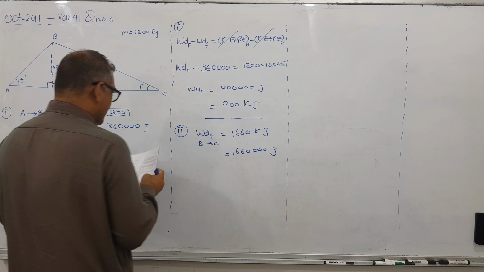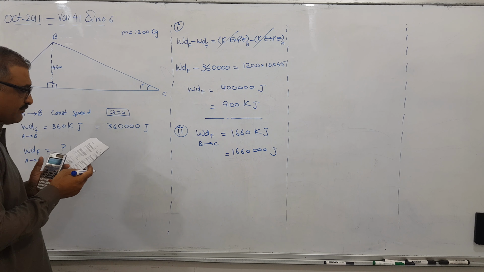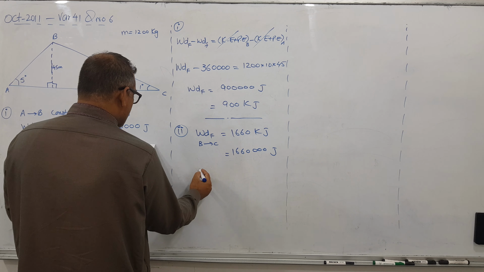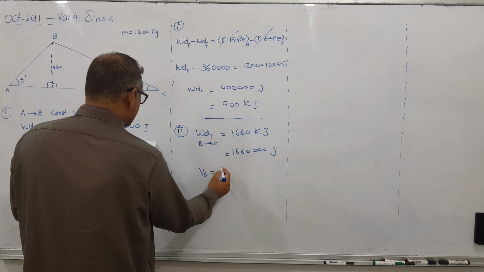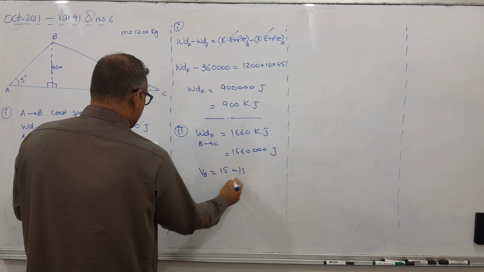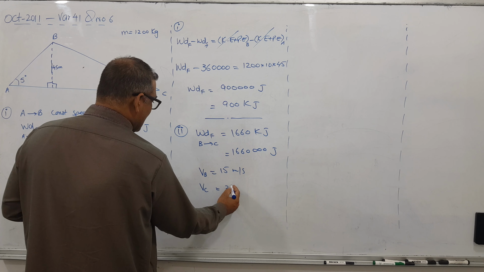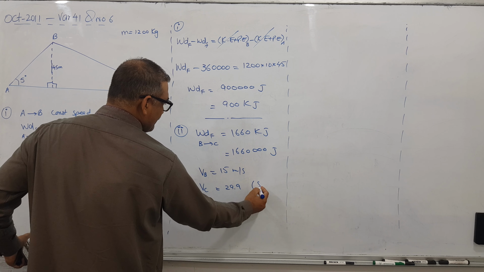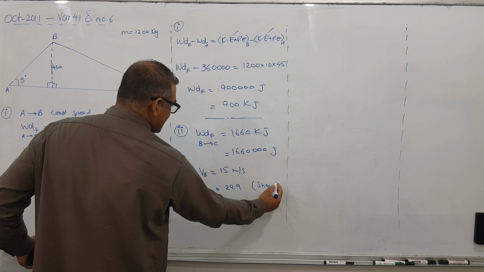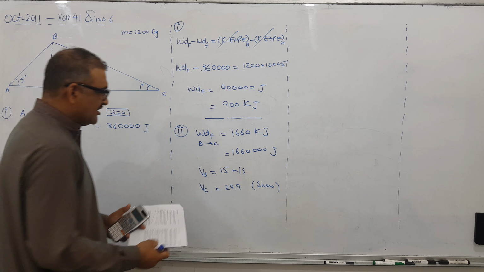Now find speed at B, given that speed at C is 15 meters per second, and we need to show that speed is 29.9. So this is our task. Let's try to prove it.